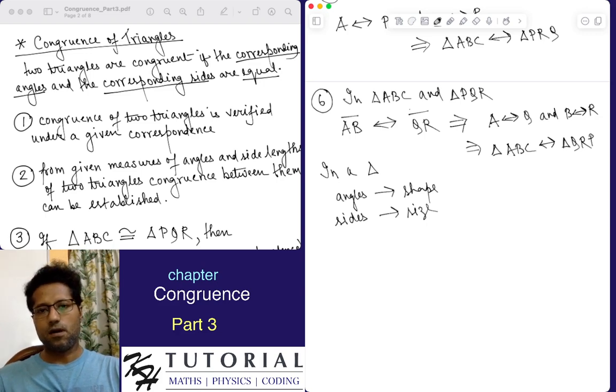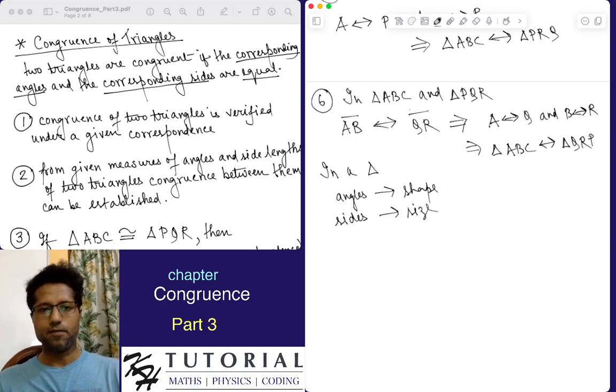That is, the mapping of the vertices of one triangle with the vertices of the other triangle is given, and now we have to just verify whether the angles are equal or not, whether the sides are equal or not. That is one aspect of dealing with problems of congruency of triangles.